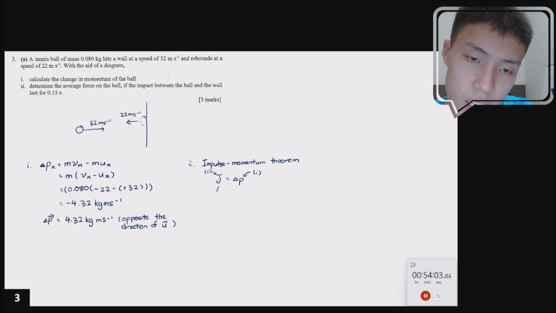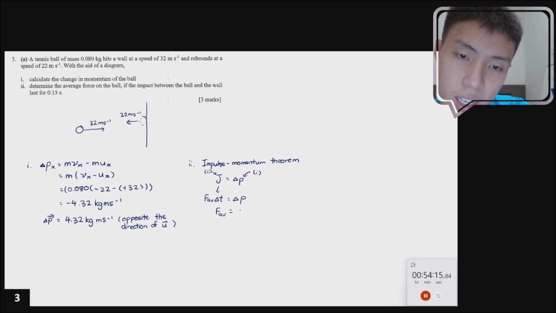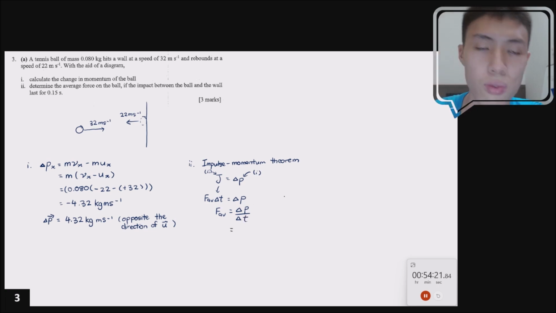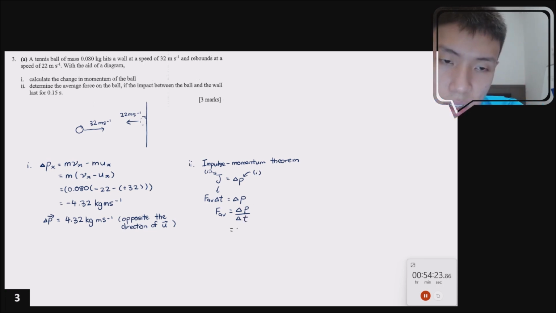Because impulse, you can break it open to become average force multiplied by the duration of the impact, and that is equal to the change of momentum. So for this situation, to find our average force, that will be taking change of momentum divided by the duration for the change of momentum to happen. So I can write negative 4.32.